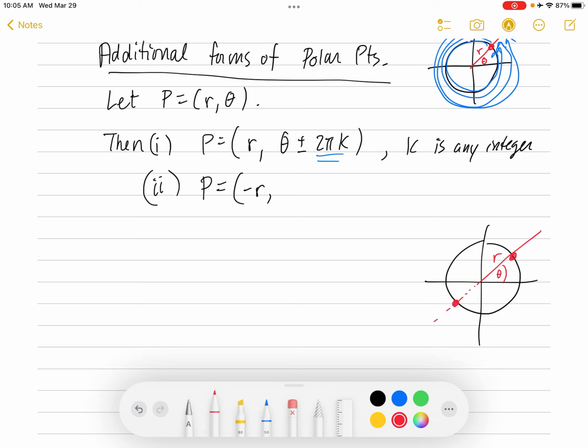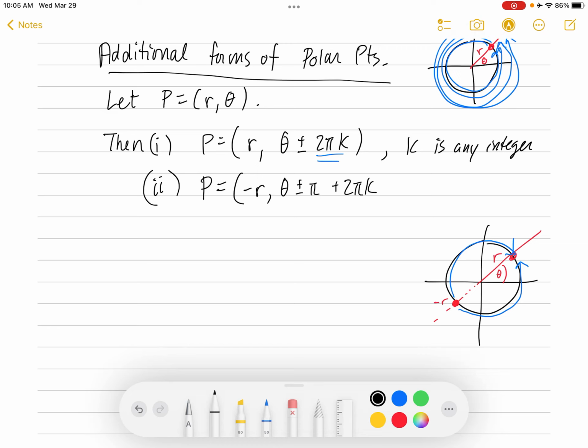Let's say I switch the sign. If I switch the sign, it's going to take me back in this direction, right? That would be if I had a negative r. It's going to take me to the opposite side. So what do I need to do to get back to my starting position? I need to either add pi or subtract pi to the angle. So I can do theta plus or minus pi.